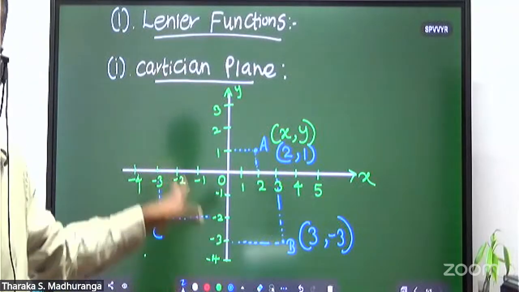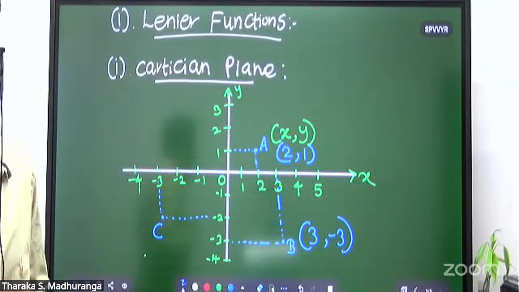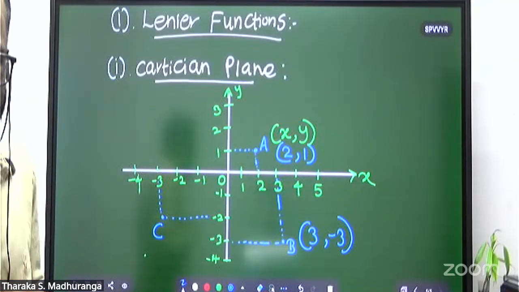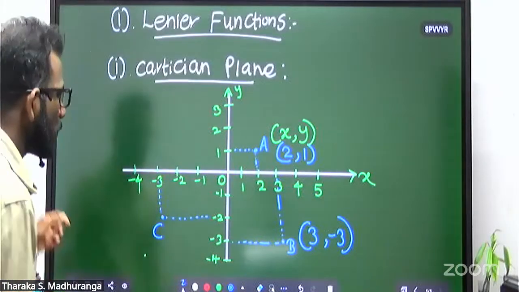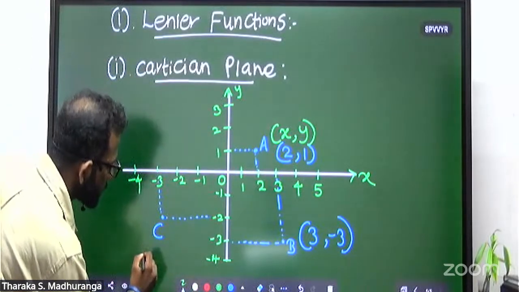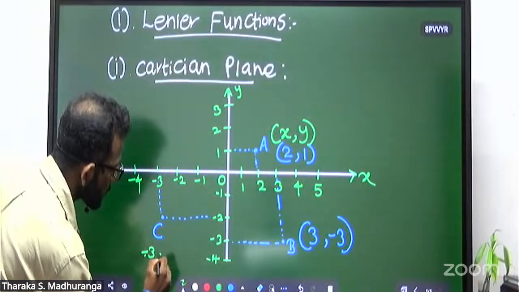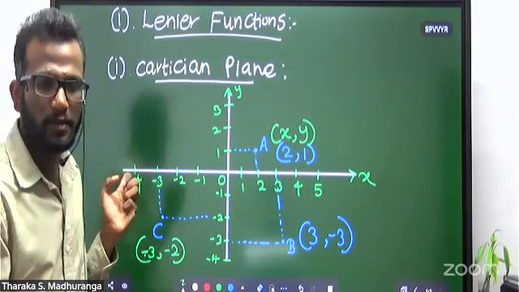Yeah, simple thing. Now okay, all are correct. The C point coordinates are (-3, -2) with brackets.